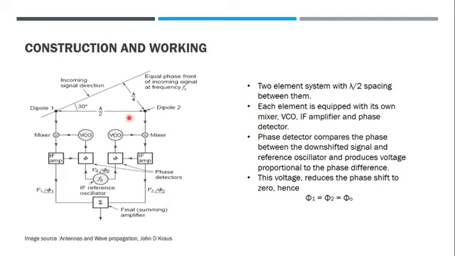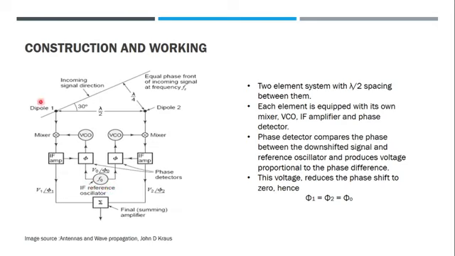Now what will happen? We know that the signal incident on dipole 1 and the signal incident on dipole 2 have different phases. When the phases are different, the output voltage that we get will be lesser. Since they're out of phase, they get subtracted and we get a lesser voltage. So what we must try to do is compare the phase of the incoming signal to the phase of this reference oscillator.